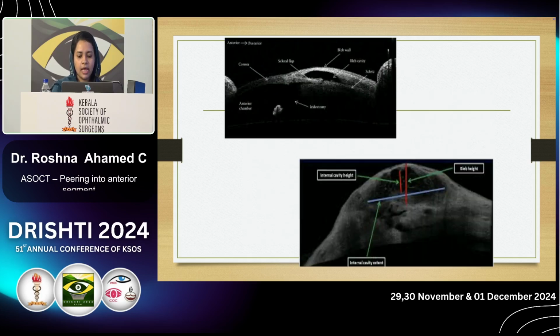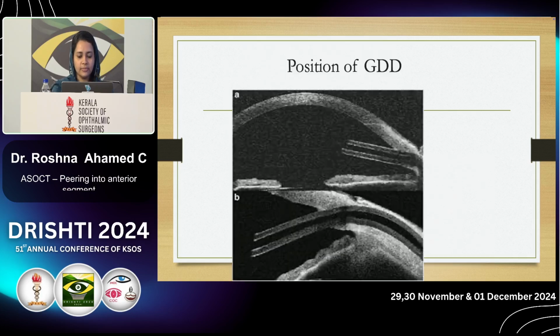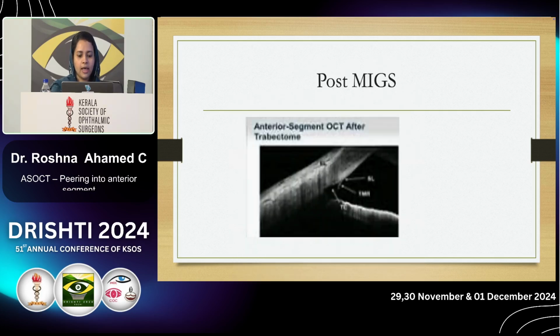We can also look at the internal cavity height, bleb height, and extent of the bleb using anterior segment OCT. In GDD also we can check whether the GDD is positioned correctly, and post mix it is also very useful. We can look at the bleb after the post mix.